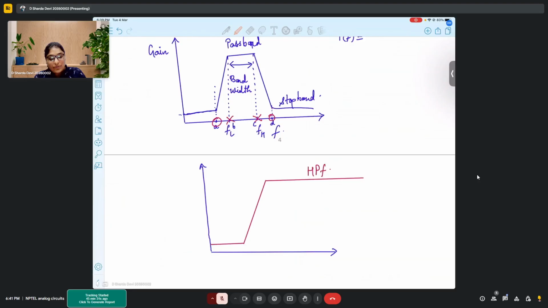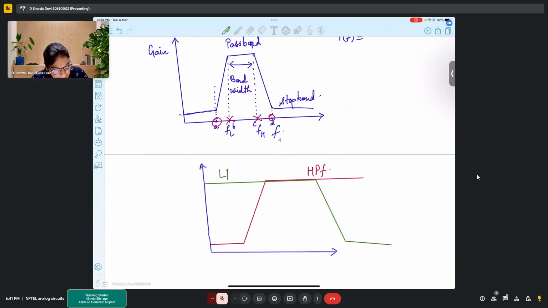Now, if I say my FH and then D, that portion is similar to that of a low pass filter, correct? So if I have to draw, how will a low pass profile look like? It is like this, and then we will have the slope and then this.